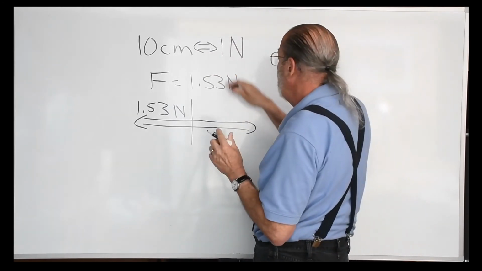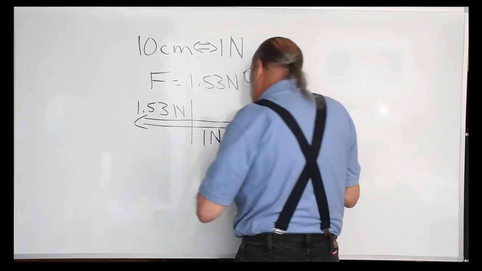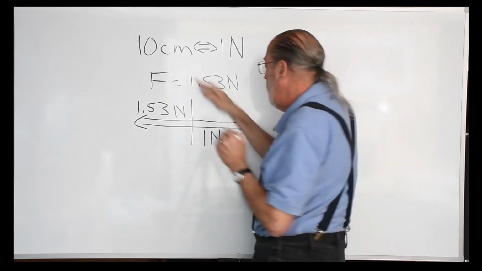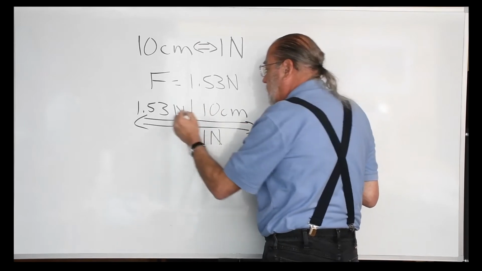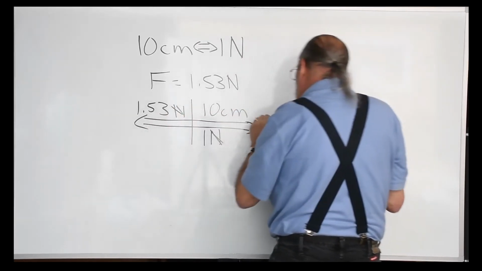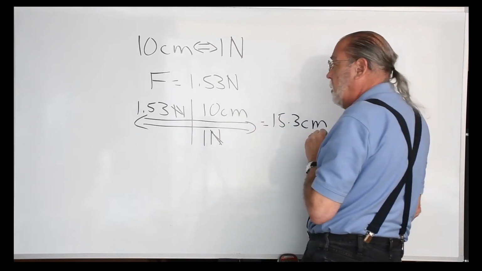And in this case, since we wish to get rid of newtons, we push that in the bottom. You always put the unit you wish to get rid of in the bottom. We put the other unit in the top. The newtons cancel, and we get 15.3 centimeters.